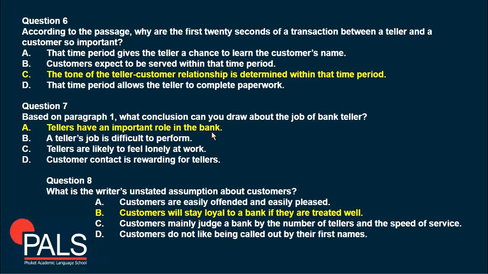Have you noticed, like the writer was saying, if you know the name of the customer, through time it will come naturally and the teller will be able to know the name already. So they want loyalty, they want customers coming back to their bank. So that's what we can assume from what the writer is writing. Okay?